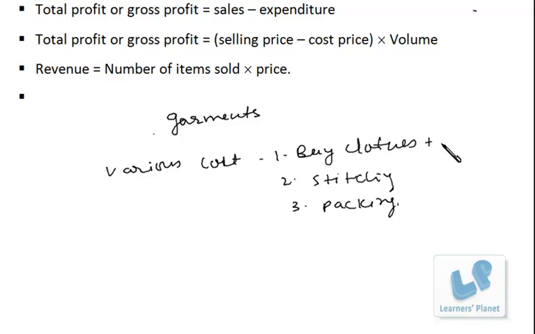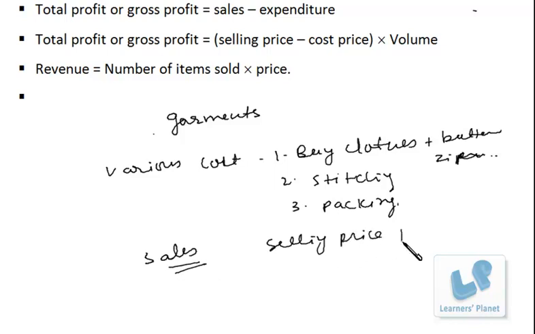Suppose a company is manufacturing shirts, then they have to buy buttons also, zips also, whatever various things are there, right? So these are the various costs which they have to incur, right? And suppose after that they are selling at a certain price, so that is actually sales, that is selling price per unit into volume.